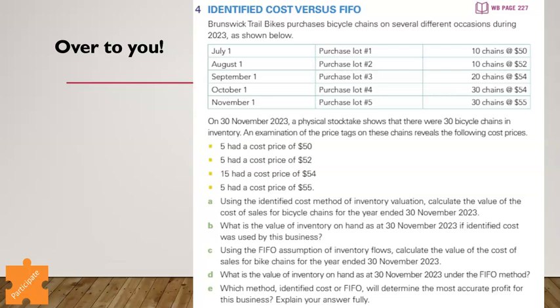And the physical stock take on the 30th of November says there are 30 chains left. So we add all of these up. Over the course from July, they've actually bought 100 chains, but they only have 30 left. Surely they've then sold 70. But can you work out the cost price or the value of the inventory left using FIFO and identified cost? There's information there to do it, and you'll see it creates different answers and different implications to your accounting reports.